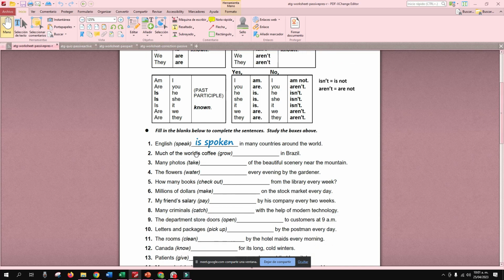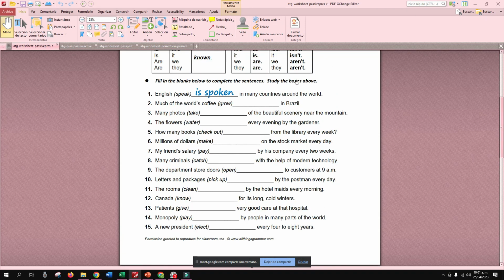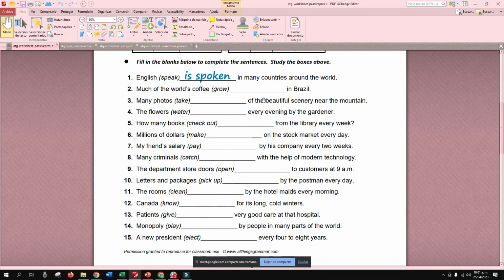So, fill in the blanks below to complete the sentences. There you have. Study the boxes above. So you have English, and you have a verb between parentheses. So, English in many countries around the world. What happened here? You need to use the conjugated form of the verb be and also the past participle of the verb that you have between parentheses. So, English is spoken in many countries around the world, right?